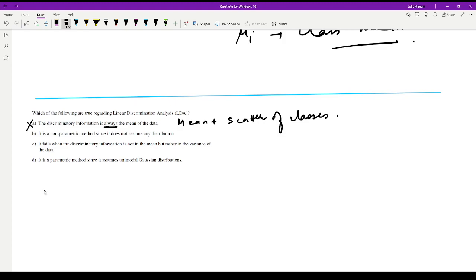Of course, the whole thing depends on the data, the mean and the scatter of the classes, which is fine. The next statement: it is a non-parametric method since it does not assume any distribution. Is it right or wrong?